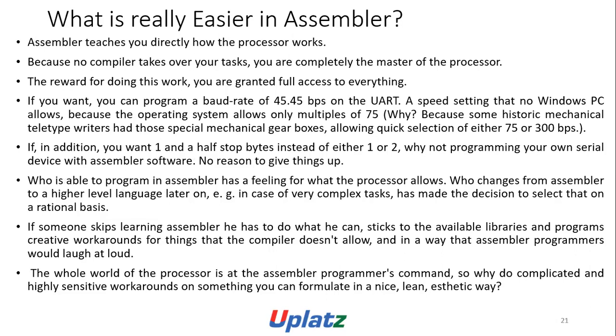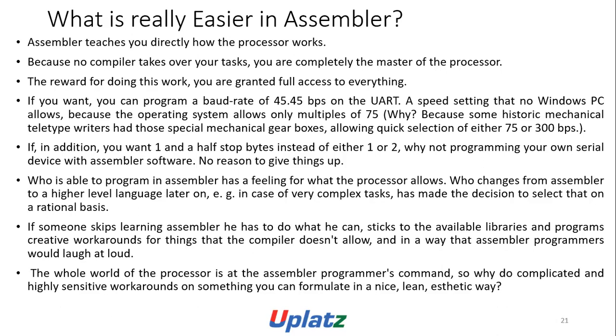Assembler teaches you directly how the processor works. Because no compiler takes over your task, you are completely the master of the process. The reward for doing this work: you are granted full access to everything. If you want, you can program a baud rate of 45.45 bps and the UART speed setting that no Windows PC allows, because the operating system allows only multiples of 75.